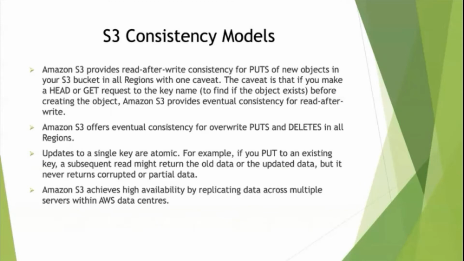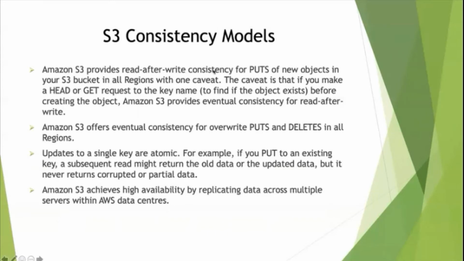So read after write consistency for puts of new objects is what they say in the first sentence. It means that when you create a bucket and you upload an object for the first time, you will be immediately able to read that object, because it provides read after write consistency.